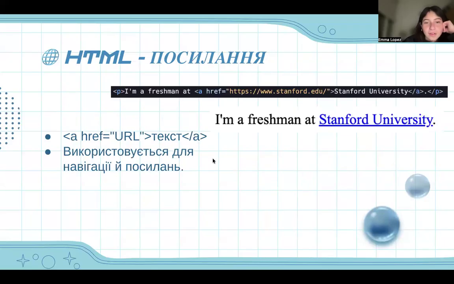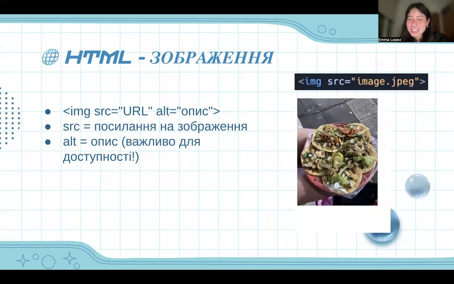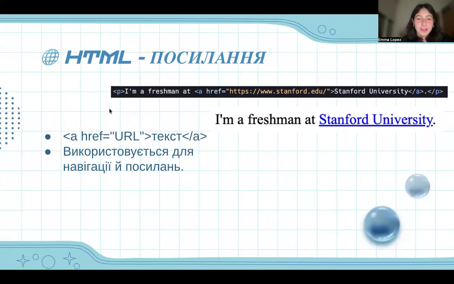And now we'll dive into links. This is also a little fun customization that we can add. Links also follow a weirder, more odd format similar to that of images. They follow a similar format with a href.